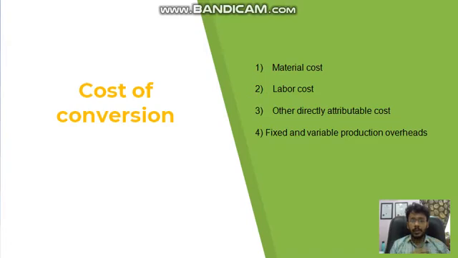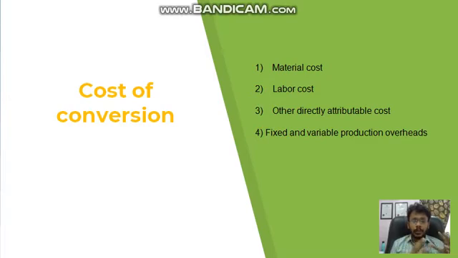So variable production overheads are very easy, friends. Suppose you are manufacturing 100 pairs of shoes, you find out your variable cost per pair, multiply it by 100 and you will get your variable production overheads for those 100 pairs of shoes. Suppose your manufacturing increases from 100 to 150, your variable cost will increase accordingly. However, fixed production overheads are not the same. Fixed production overheads are charged based on normal production.